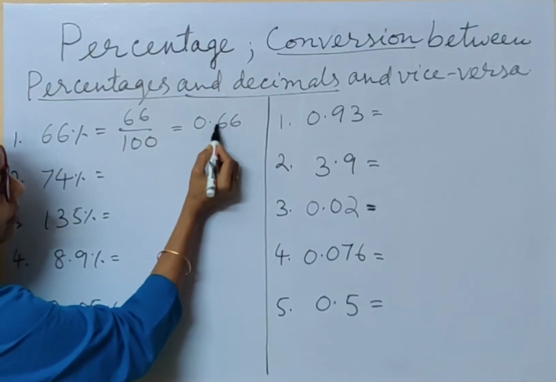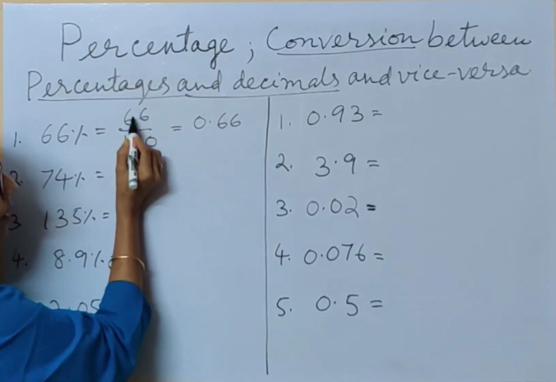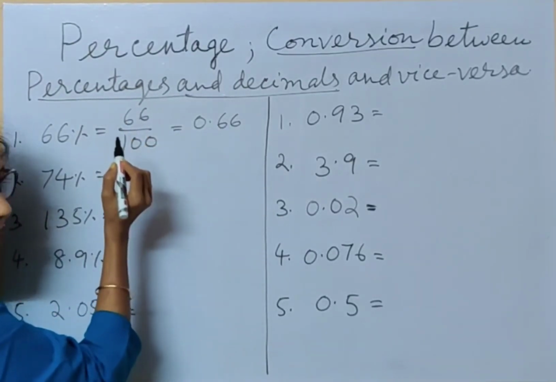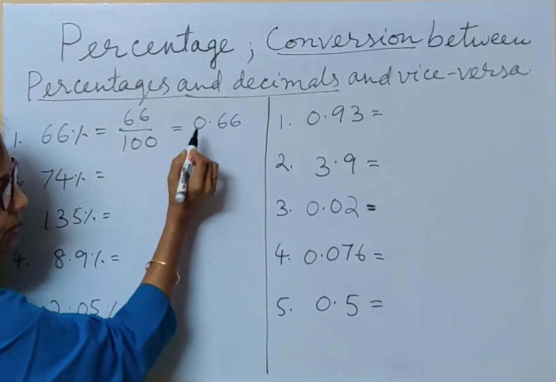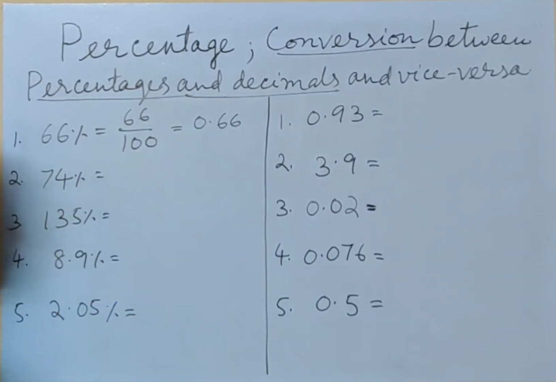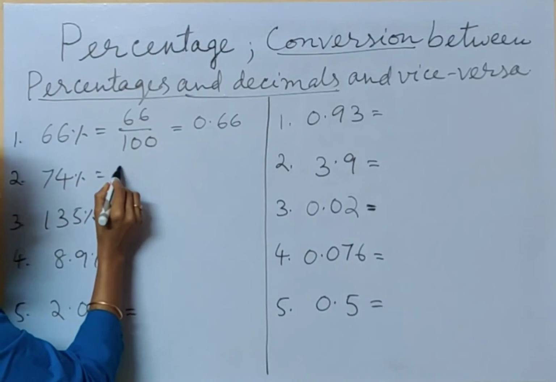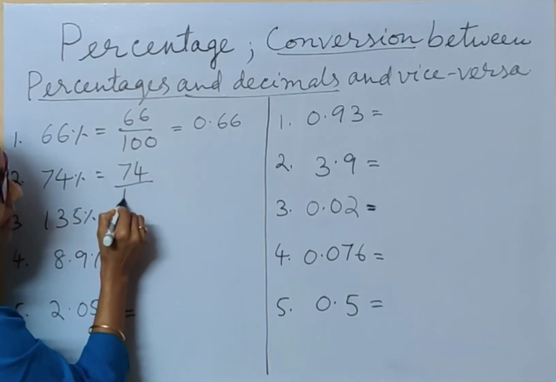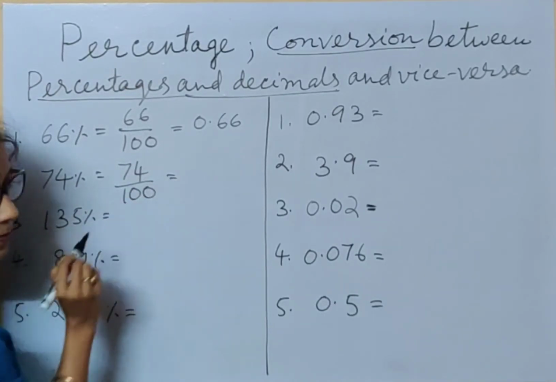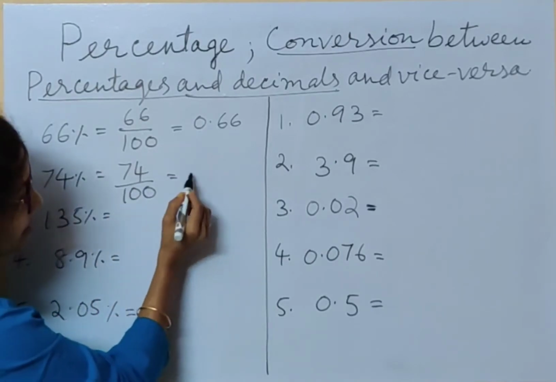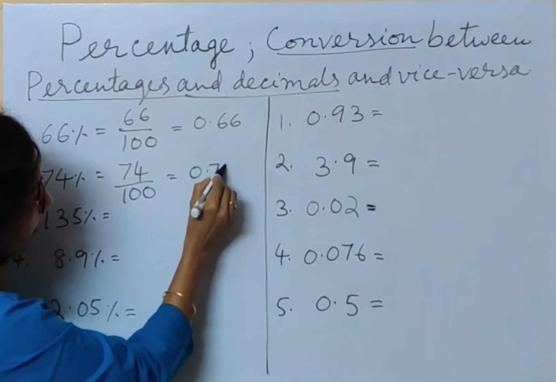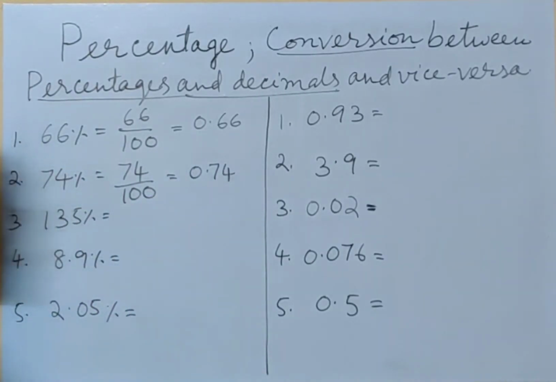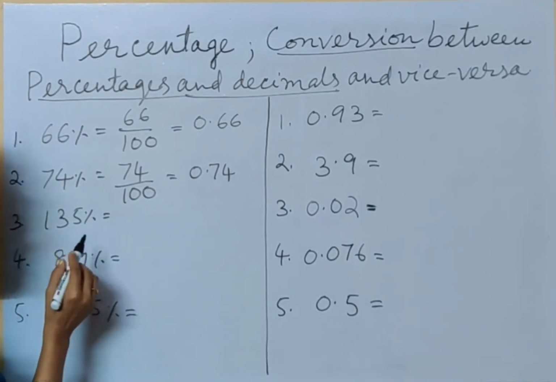So 0.66. See, the decimal point goes 2 places to the left, and for the whole number, 0. So 0.66. Now 74%, 74 by 100, and in a similar way 0.74. Writing the decimal.